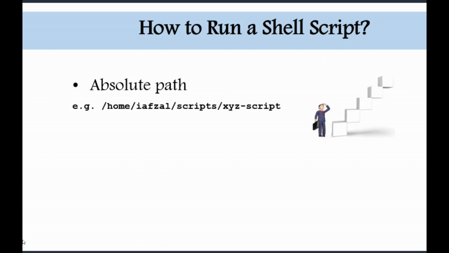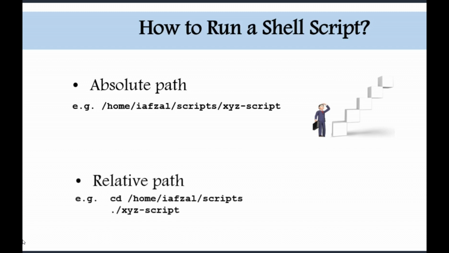You either shoot from the first stair all the way to the last stair on top and grab that thing, or another way is a relative path. With a relative path, you actually walk up to the stair and then grab that thing that you wanted to grab. It's the same way absolute path and relative path work.